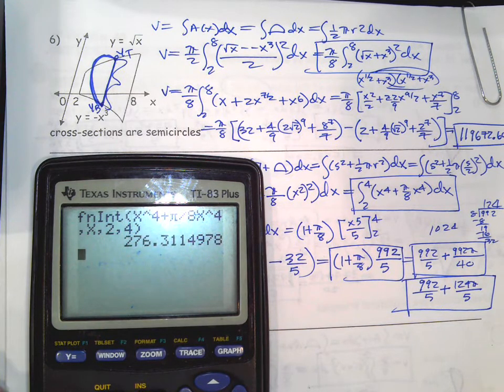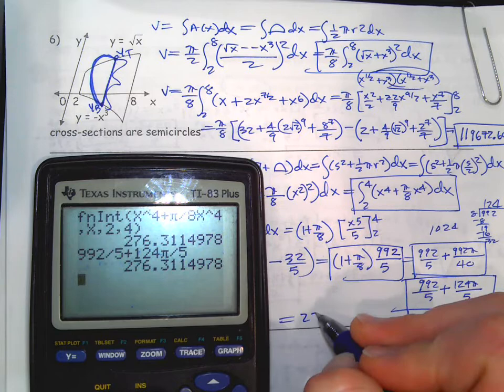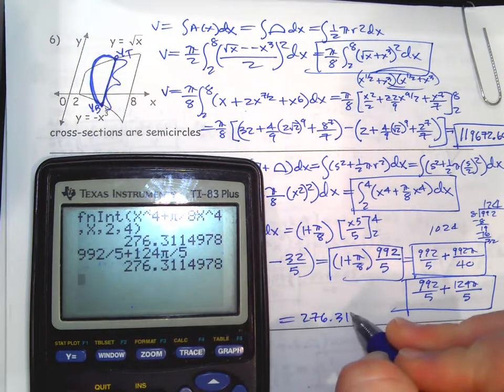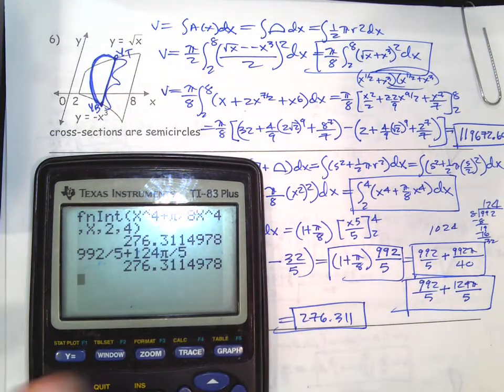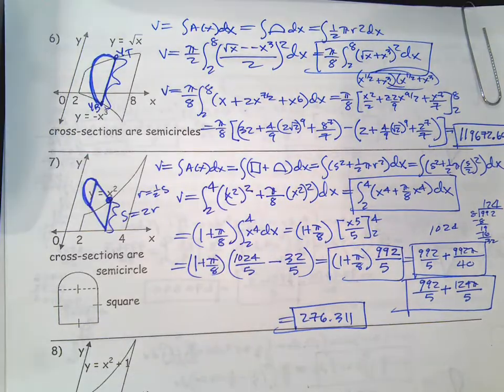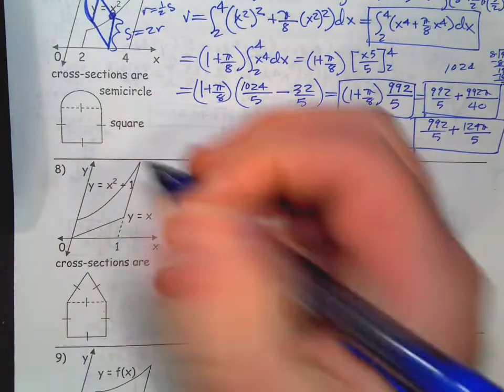That's what we get. And let's check our other. So 992 divided by 5 plus 124 pi divided by 5. Hey, same answer. 276.311. Rounded or truncated comes out the same this time. All right. Okay. Getting close.